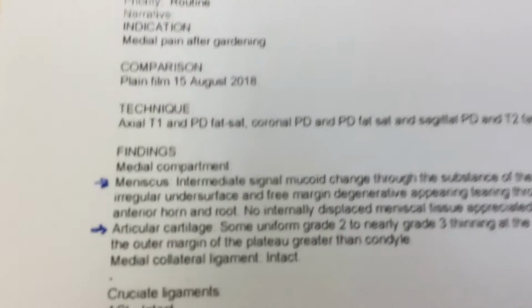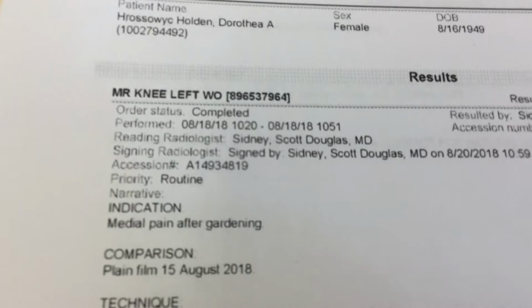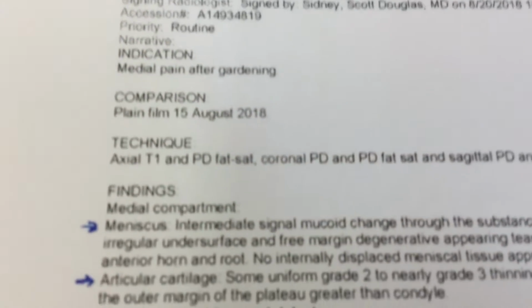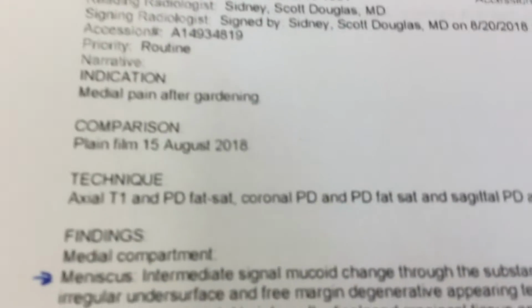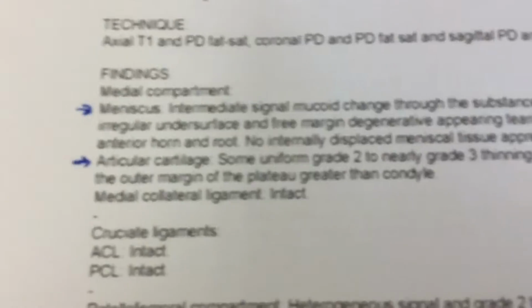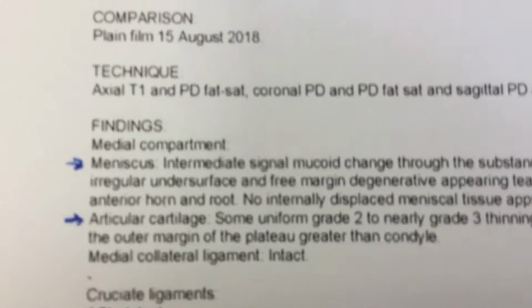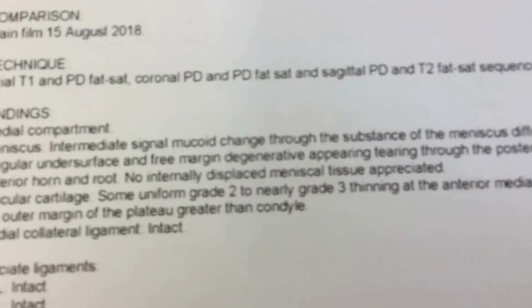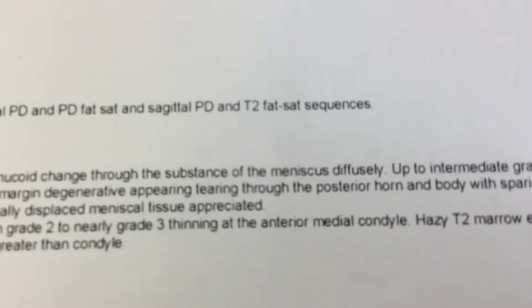You brought your MRI in when I saw you at that initial visit. Do you mind if I share the findings of your MRI from August of last year? Not at all. Please do. So here is the MRI scan for Dorothea, medial pain after gardening. It says meniscus intermediate signal mucoid change through the substance of the meniscus diffusely.